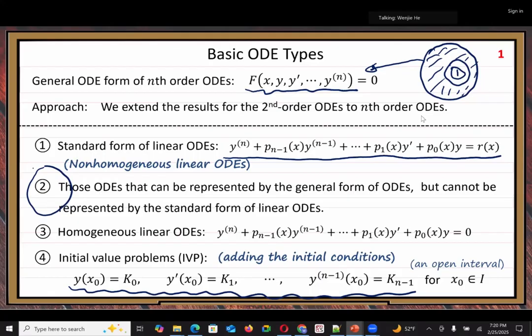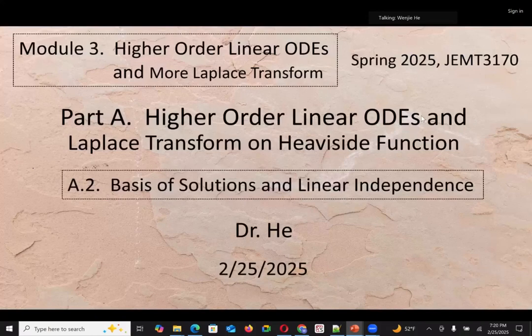We couldn't solve the general second type equations. But some very, very special second type, then we can solve. All right.